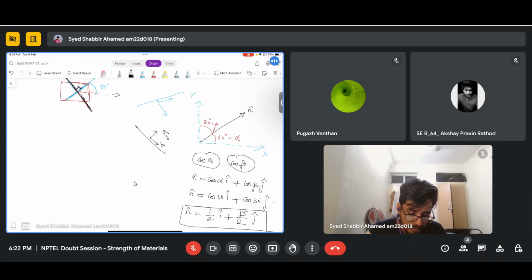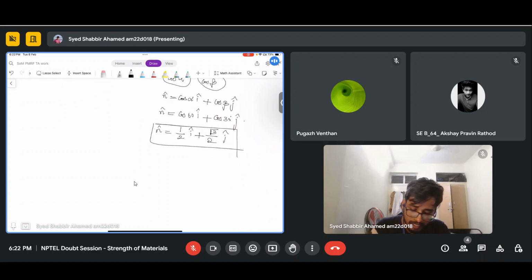The normal, or any vector, is at an angle of alpha from the x-axis and beta from the y-axis. And if you have a z-axis, then you can take alpha, beta, and gamma. If this is in three dimensions, then the direction cosines are cos alpha, cos beta, and cos gamma.